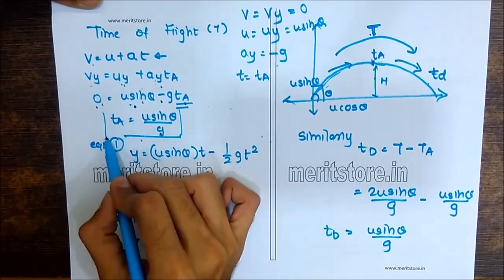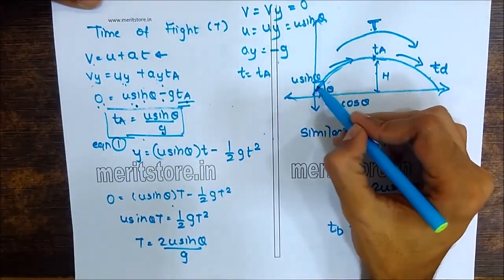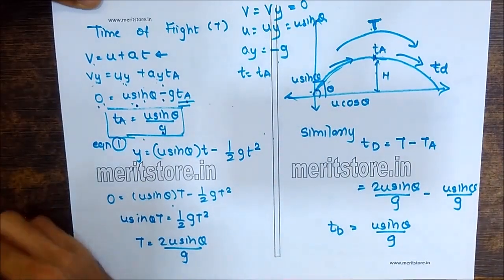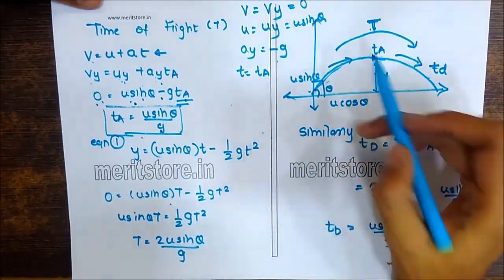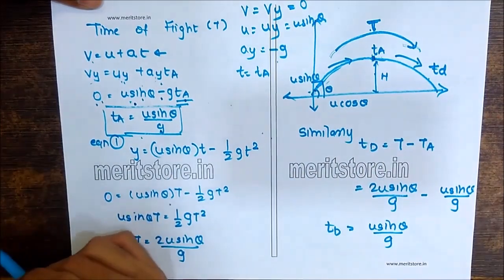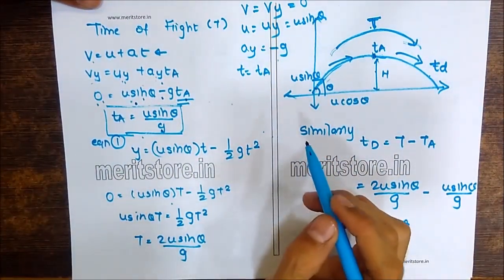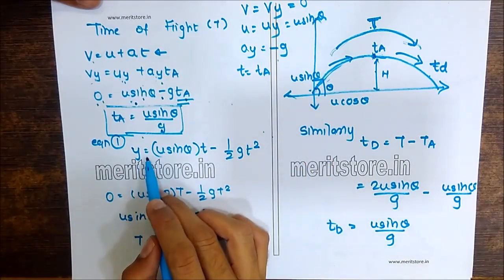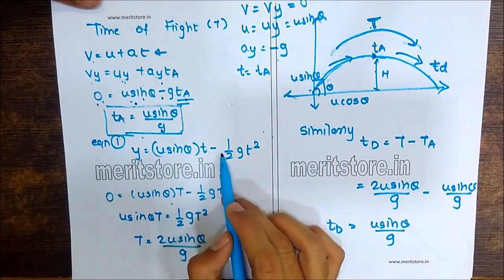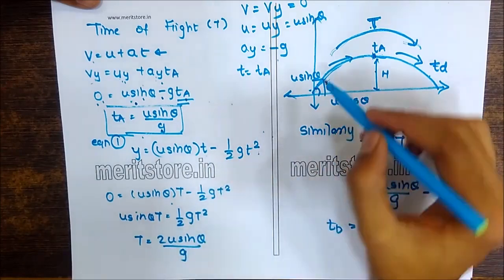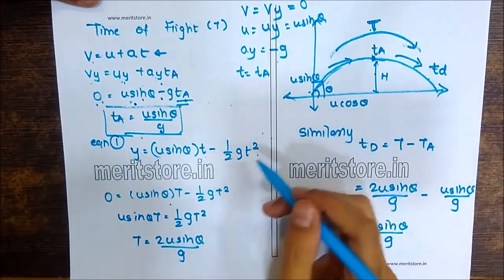So this is your time of ascent, that is the time required for the projectile particle to reach its maximum. Next, we need to find the entire time for the trajectory, that is the total time T. We use the first equation, y equals u sine theta t minus half g t square, the first equation for the projectile which we derived earlier.